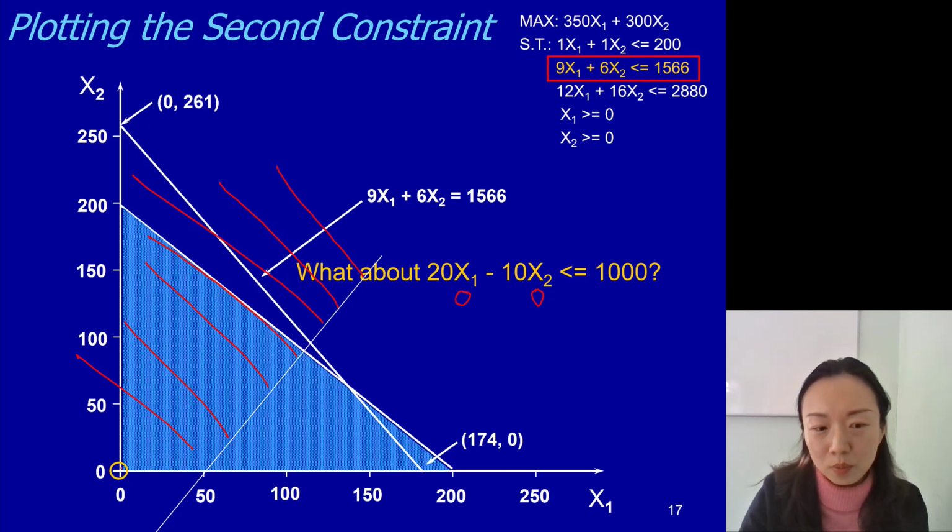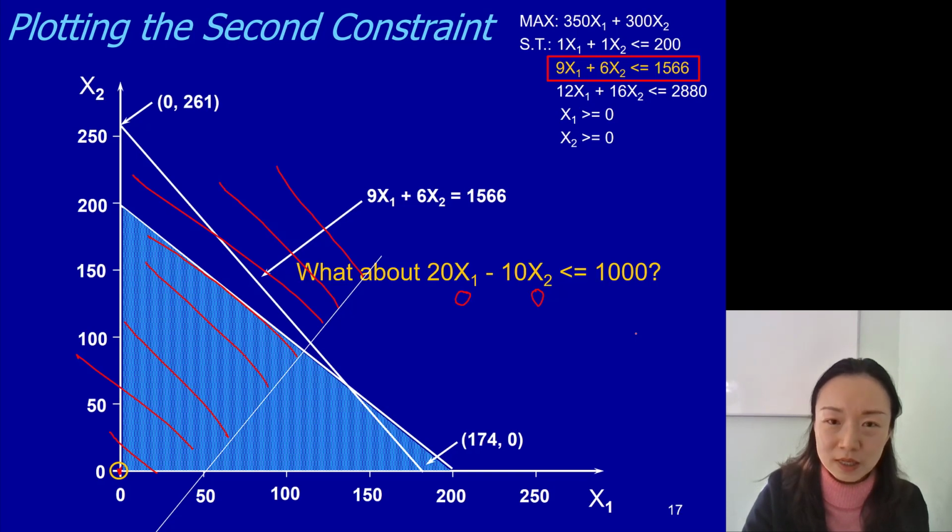That means my point 0,0 satisfies this constraint. It should be included in our feasible region. And since we shaded our feasible region in this way, then we double check and it confirms the area we shaded is correct. So if you shaded under it, you would see 0,0 is not included in your feasible region that you shade, which is wrong, because 0,0 should be included.